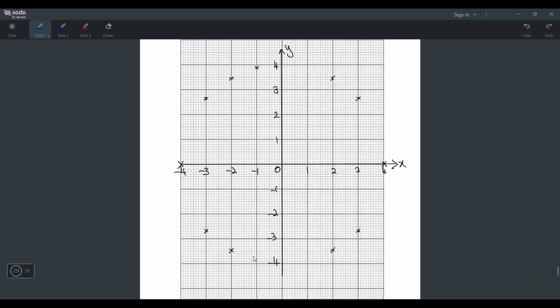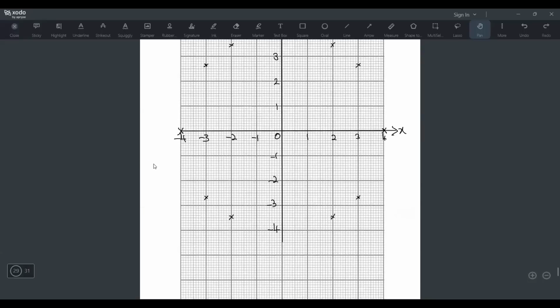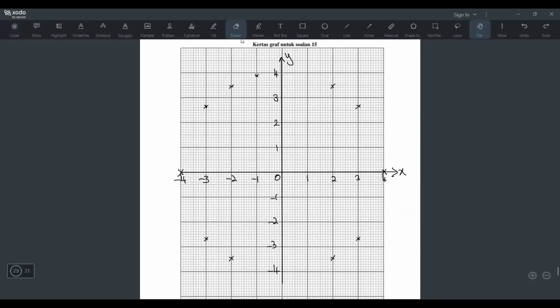Naik. Okay, wait, what's the coordinate? I forgot. Oh, 3.87, bukan 3.97, 3.87. So 3.87 means what? You naik 1 and then naik sikit lah. Because naik 1 is negative 3.9. So naik lagi sikit is lebih kurang 3.87 lah. This one also same, right? You turun 1, turun sikit. Because turun 1 is 3.9, turun lagi sikit.